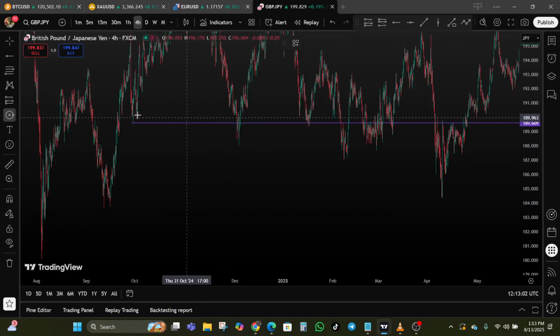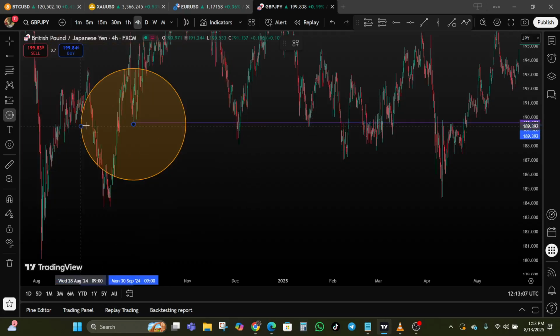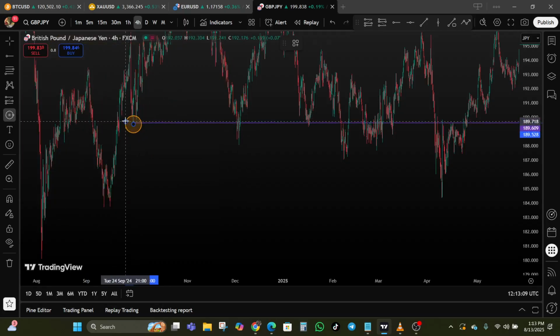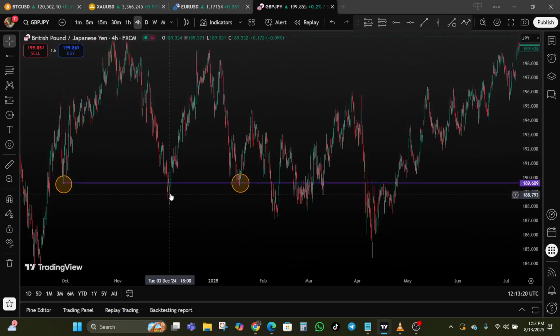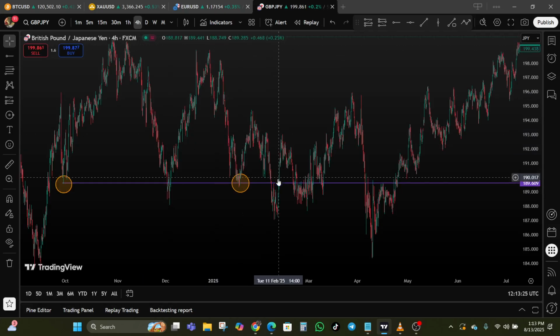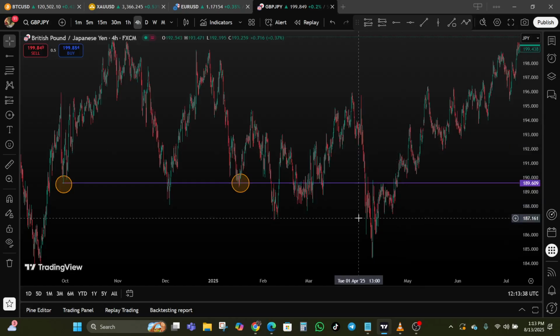You can see that price respected this zone at this point, and price respected it here again. However, at this point there was a false breakout and price went back in the opposite direction. Same thing happened here again. Here was more like a range within this zone, and then you can see here price actually moved down to an extent before reversing back up.